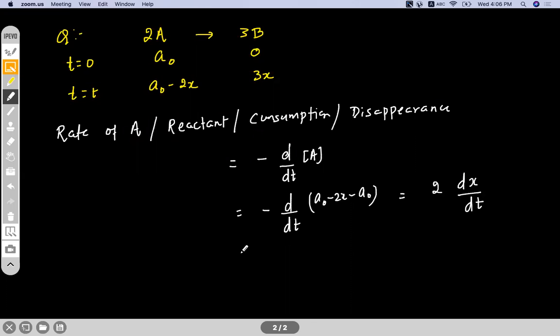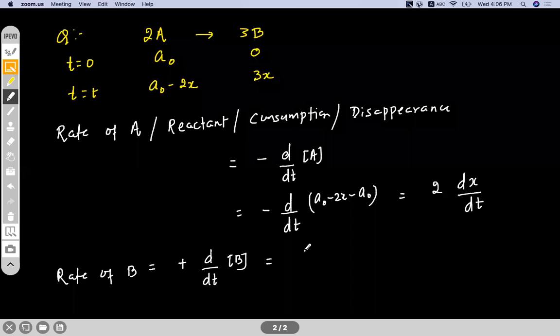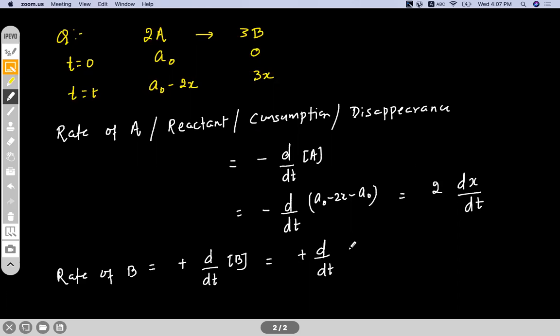Similarly, we also discussed the rate of B, which is just the opposite: rate of product, rate of appearance, rate of production. All are the same thing, equal to plus d by dt of concentration of B, which is plus d by dt of final minus initial, which is nothing but 3 dx by dt.